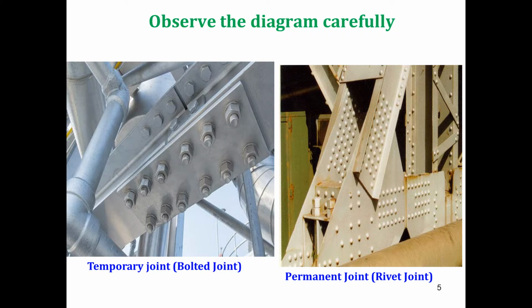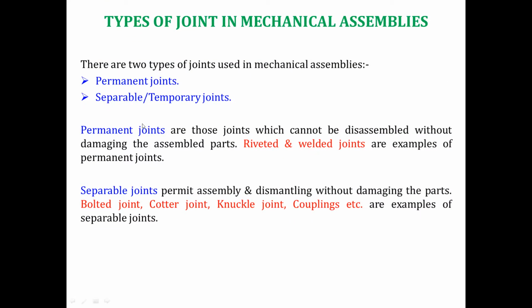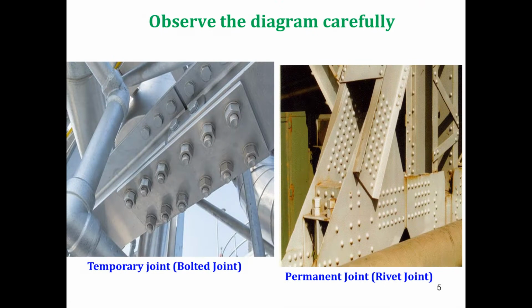Normally in mechanical engineering, mechanical joints are classified into two categories. One is the permanent joint, and the second category is known as the separable joint or temporary joint. In this diagram, the bolted joint is my temporary joint, and the rivet joint is my permanent joint.